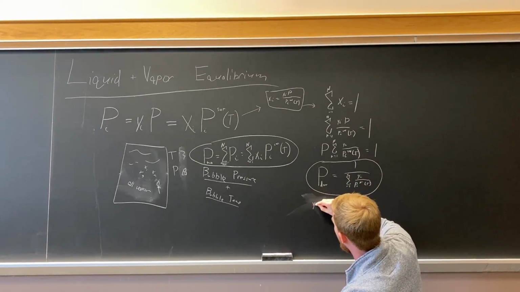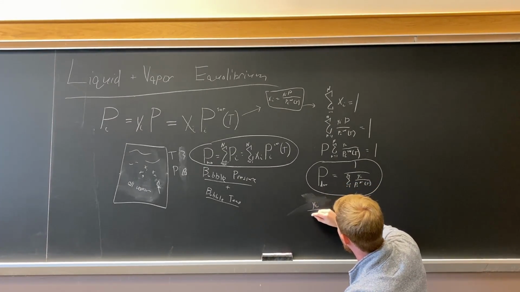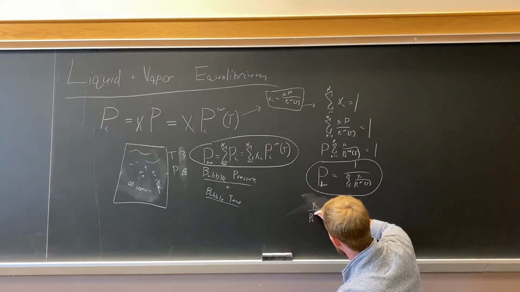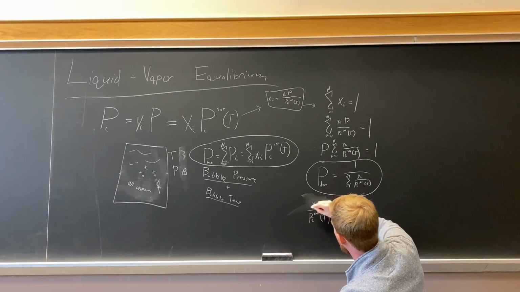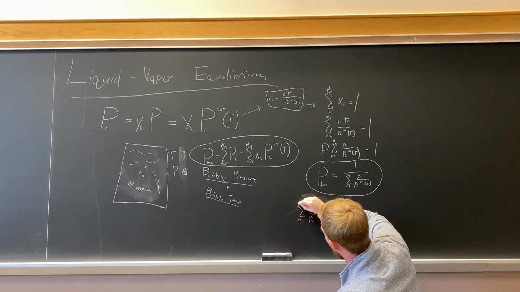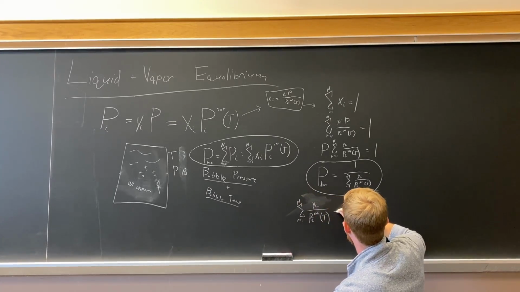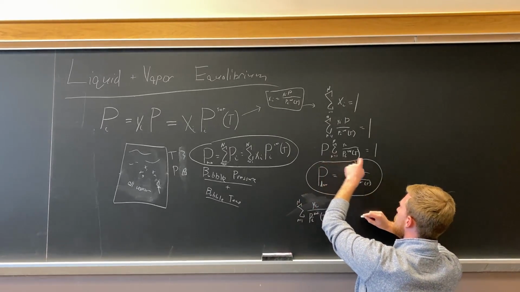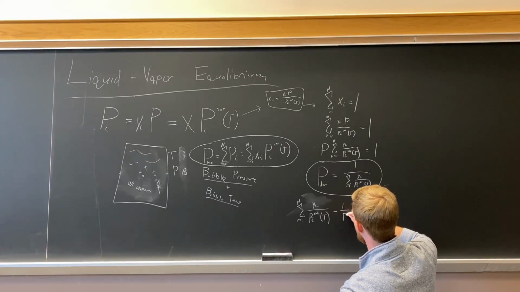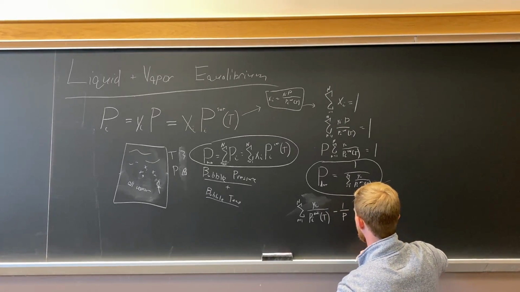If we say that y_i, the vapor component of each substance, divided by the saturation pressure of each substance, summed from 1 to n, minus, now all we're going to do is divide this P over and subtract everything, minus the inverse of the pressure is equal to 0.